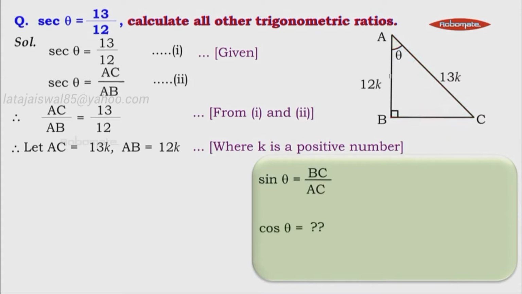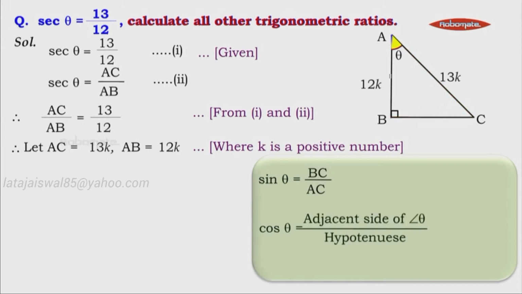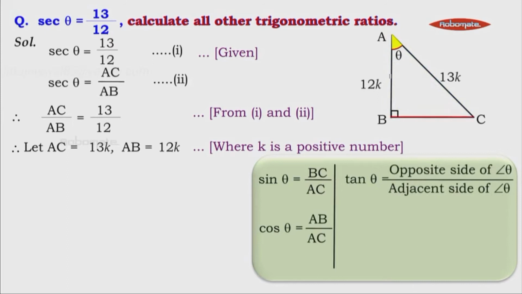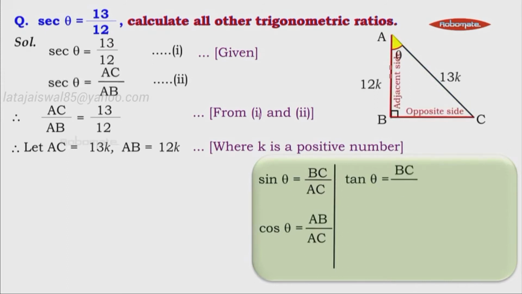Cos theta should be nothing but adjacent side upon hypotenuse, that is AB upon AC. Same way now we want the value of tan theta, which is opposite side upon adjacent side. That means it will be BC upon AB.